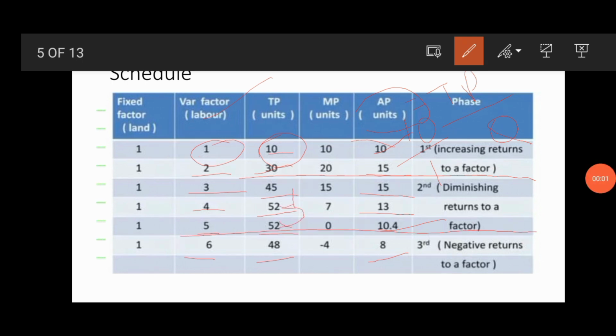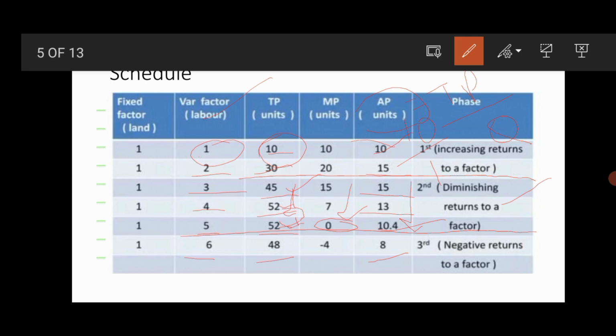In second stage we can see that initially total product was increased, after that it becomes constant. Whereas marginal product goes on diminishing, and at the end of this stage it becomes 0. So average product goes on declining. So this is about the second stage of law of variable proportion.